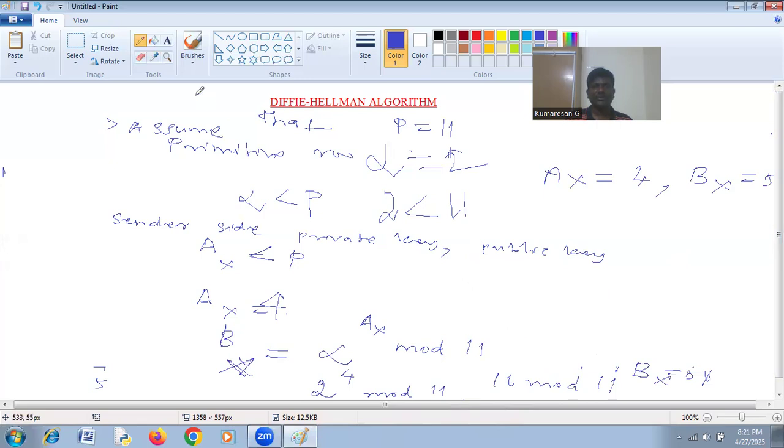Now we will calculate the receiver side private key and public key.